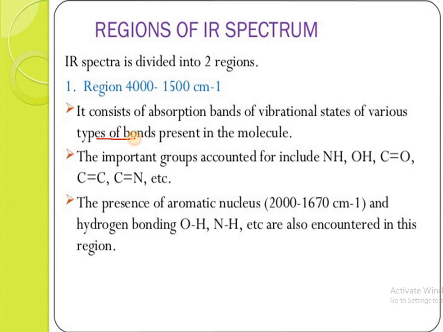So this region has mainly vibration states of the NH bond, then OH, then C double bond O carbonyl group, then C double bond C, then C double bond N, etc. In this region, these types of bonds can be easily identified, as they give spectrum in this range.